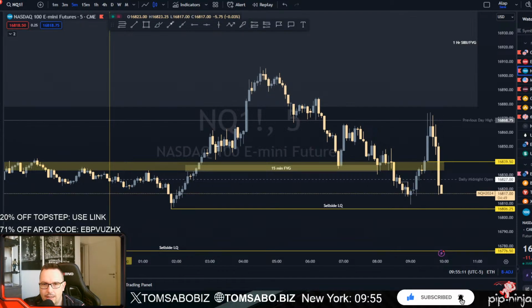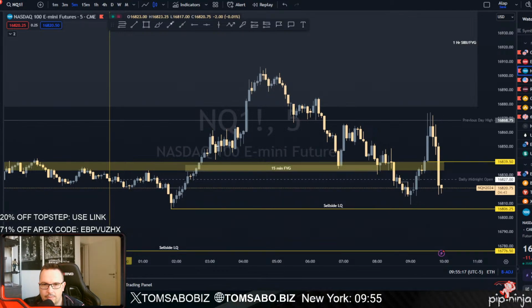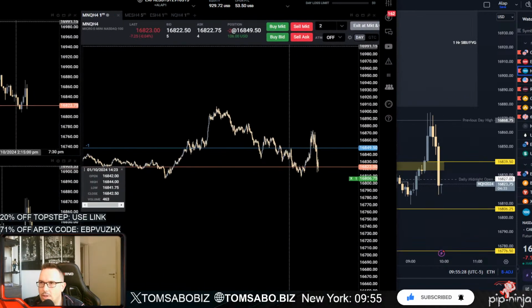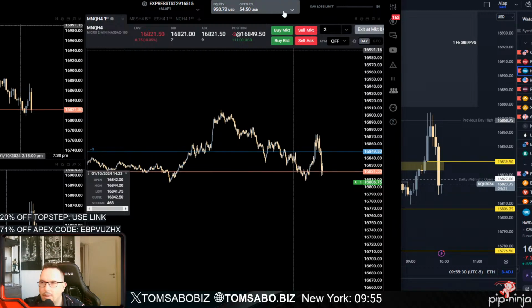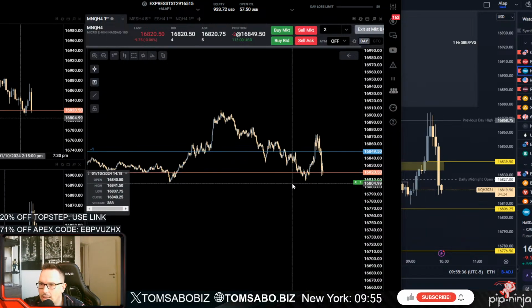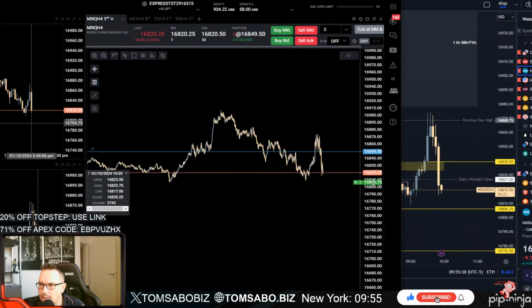So right now I'm looking for this to distribute to 806. So here's my trade. I'm in a short, only 1 micro from 849. TP is at 806.